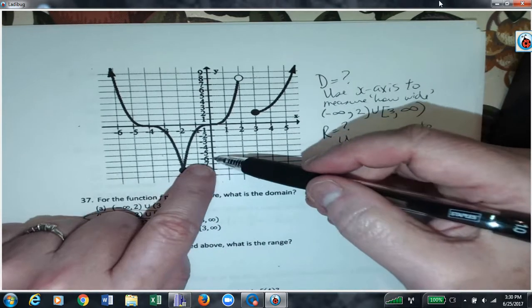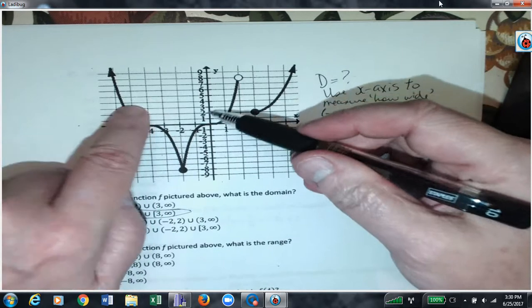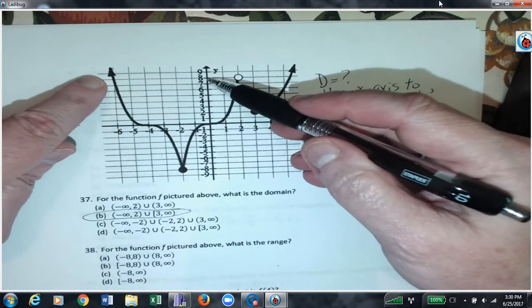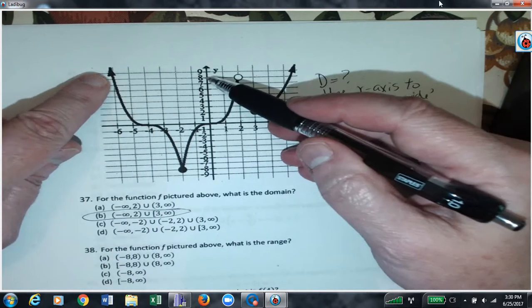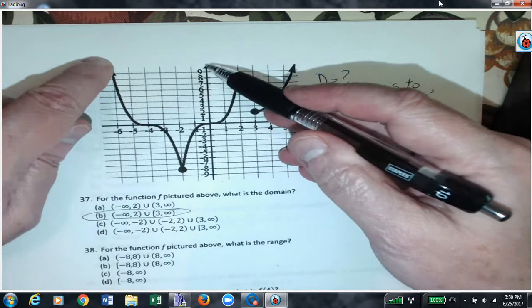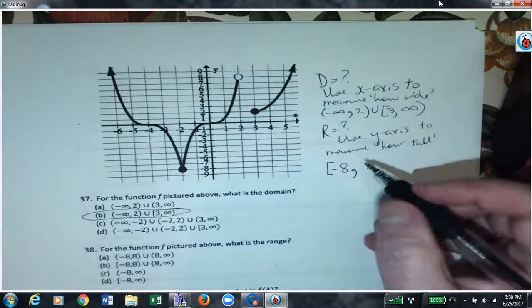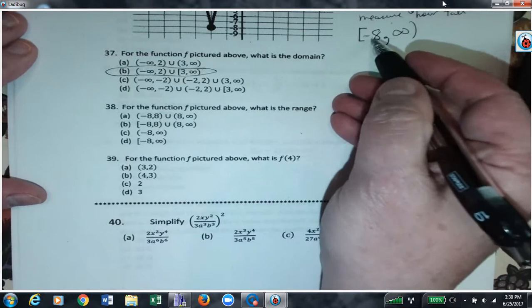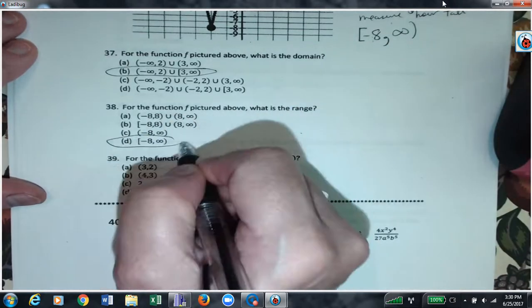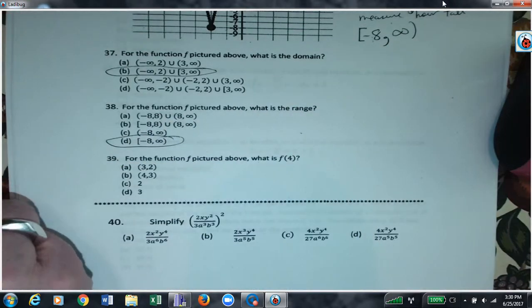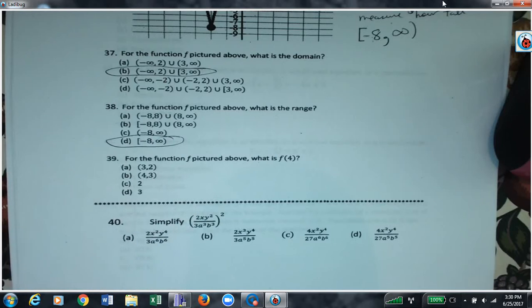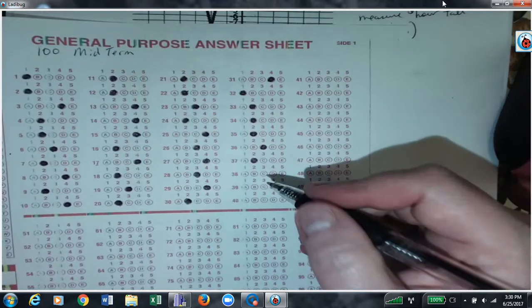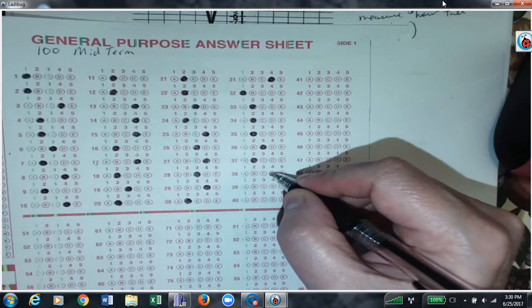And as I go up, we've always got points on there. There's no gap at 8 because, sure, that point's not contained, but I've got one over here. And it's going to keep going up forever. So -8 is contained, and so that is going to be our range. 38 is D. -8 was clearly contained. It's filled in.